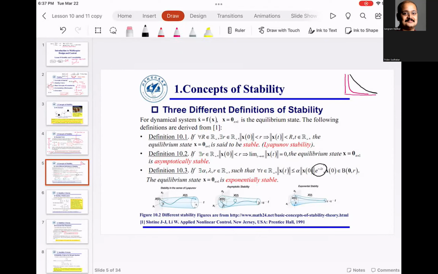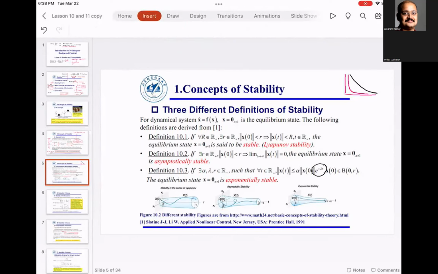So what this notation means: for all r that belong to capital R, which is the set, such that r remaining within the small capital R set, if x of 0, which is the initial point, is less than a certain value, then x of t, the time evolution, always remains less than capital R for time t within R. Okay.